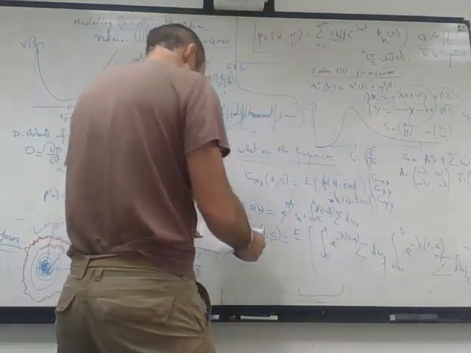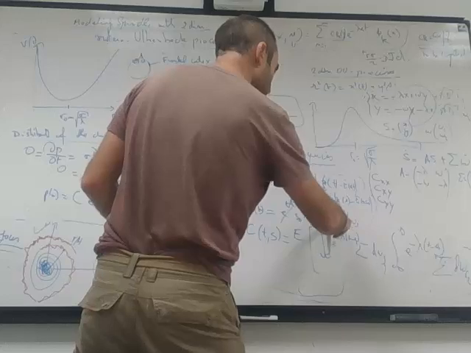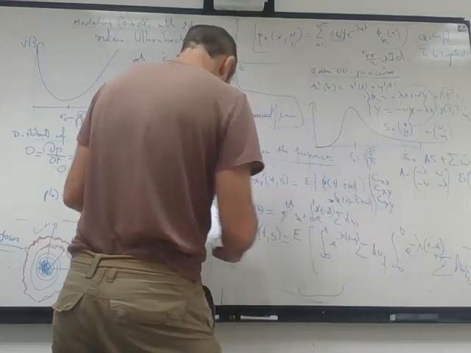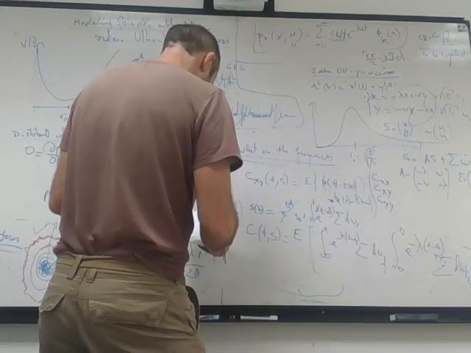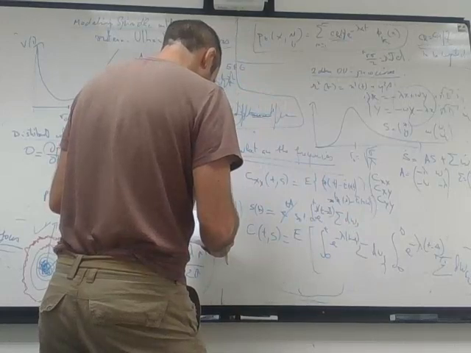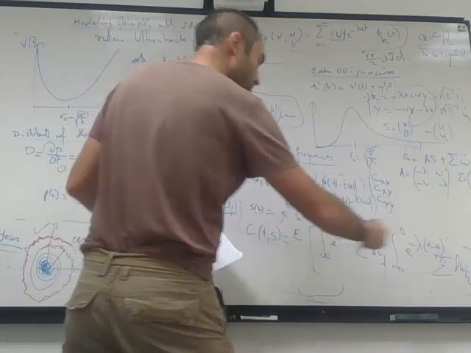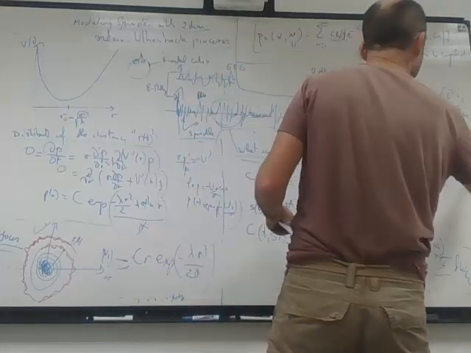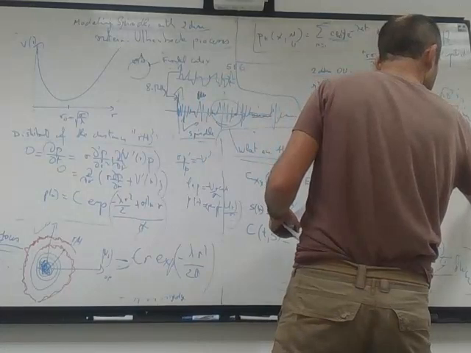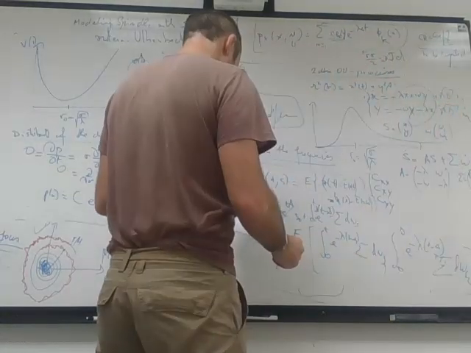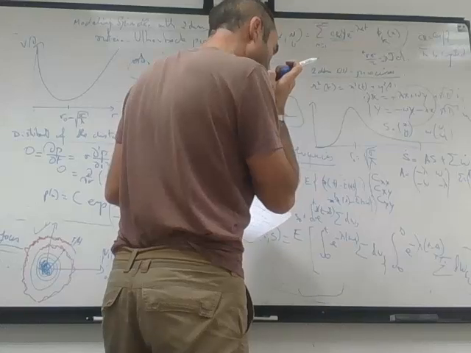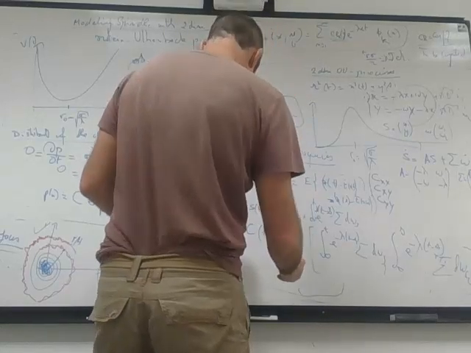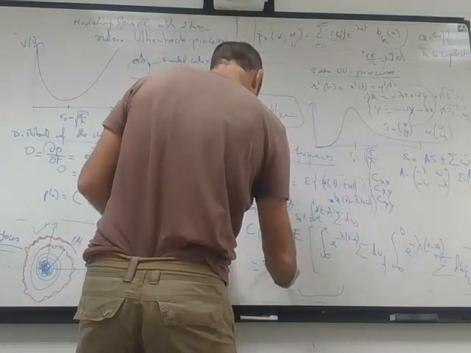And when you calculate this, there is a sigma, okay, that's okay. So sigma transpose is going to give us, this is square root of 2D. So you get 2D.